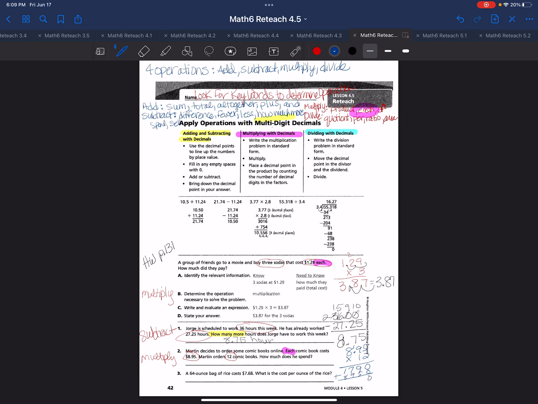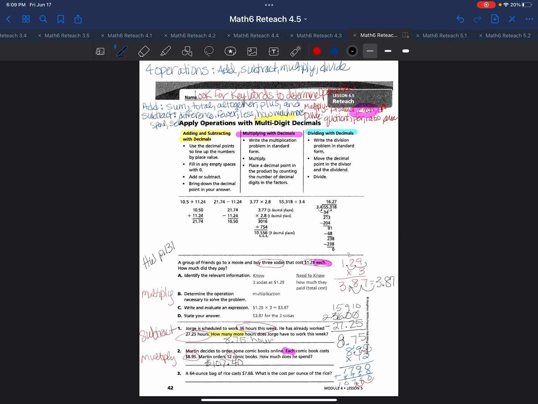And then I get... Okay, so now we need to count how many decimal places to put in the answer. 1, 2. So the answer is $107.40. Make sure when you multiply, you're counting the decimals and bringing that down to the product in the final one.